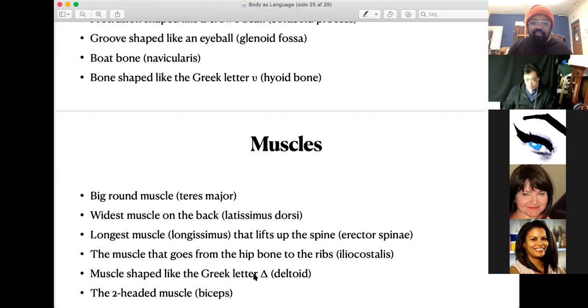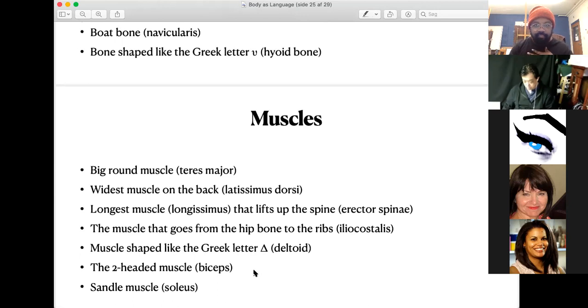The muscles, here's a couple of muscle names. The big round muscle, teres major. That's really interesting because when we draw a really muscular model from the back, we can start to see these round areas right at the end of the scapula.